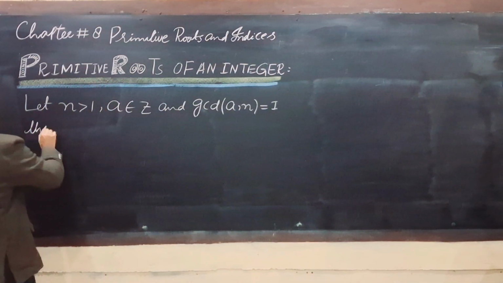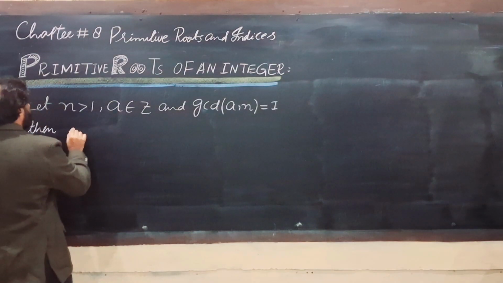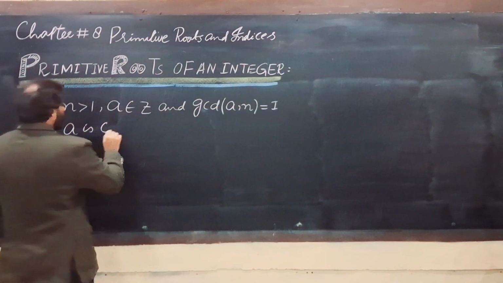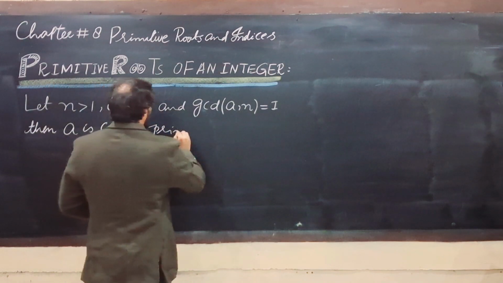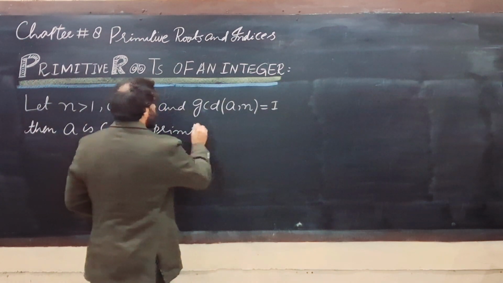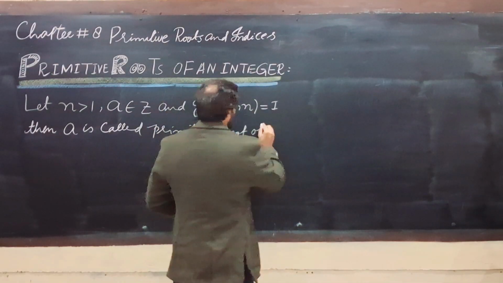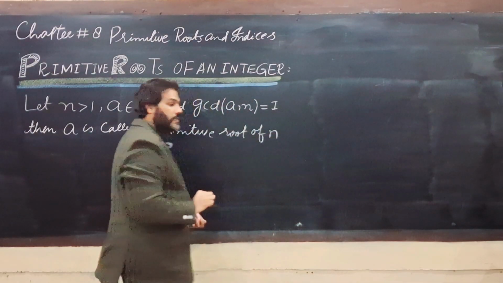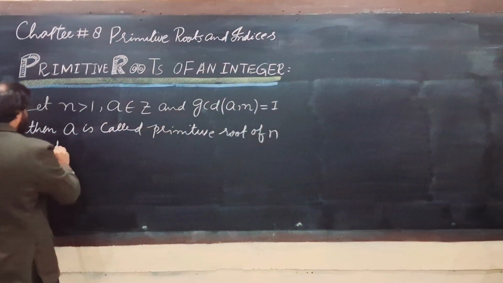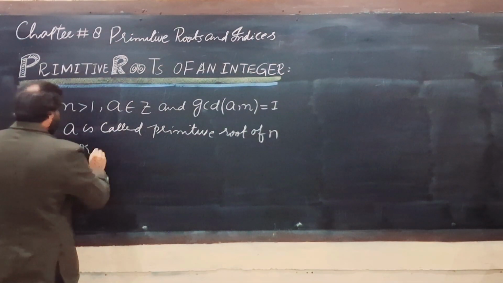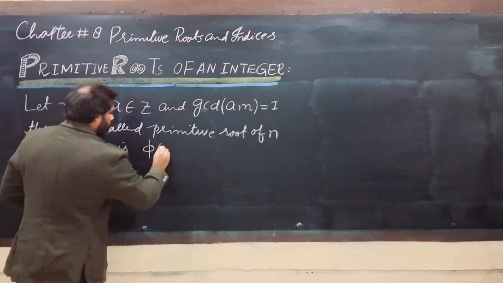Then a is called a primitive root of n if its order is phi of n.